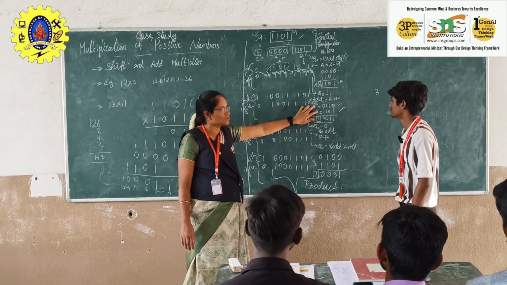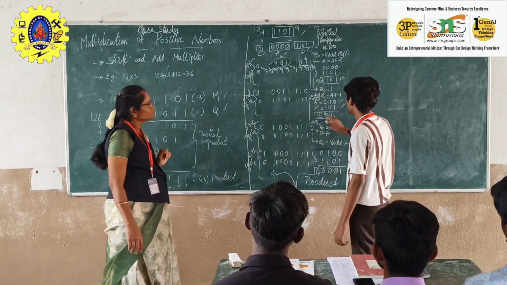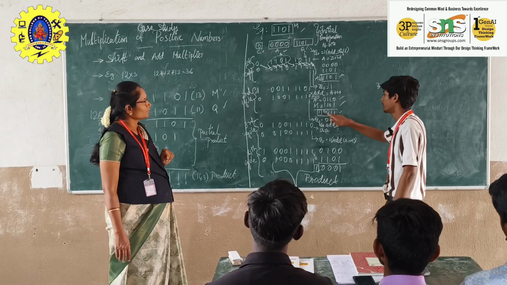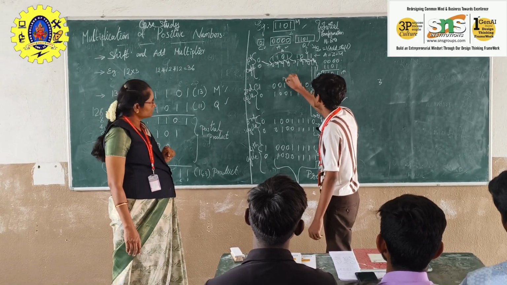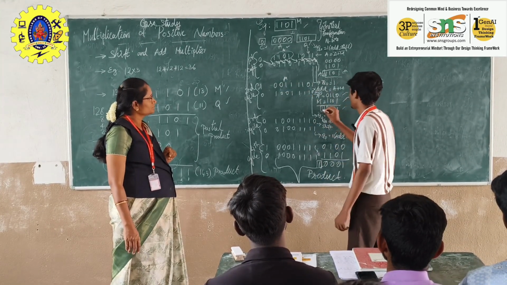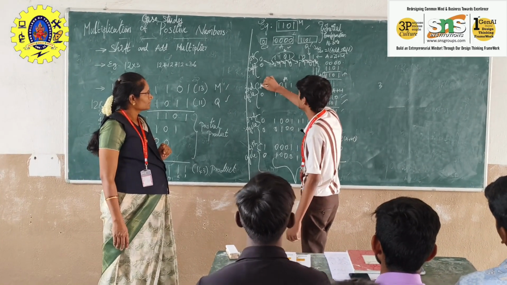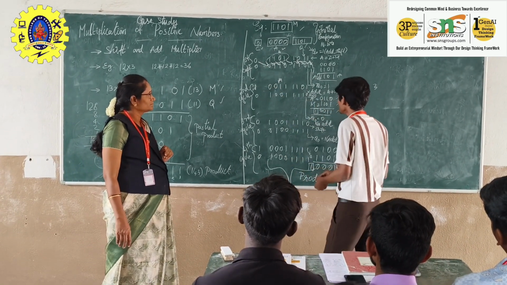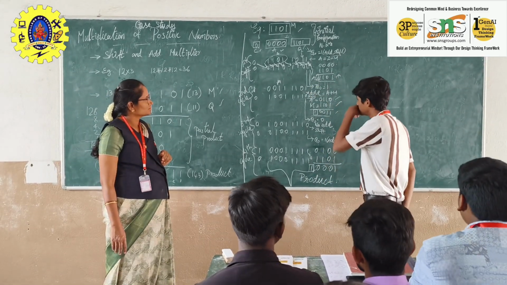We use these two values to perform the addition. After addition, we get 0, 0, 0, 1. We update A in this position, place the carry in the carry position, and check whether the last bit is 0 or 1.